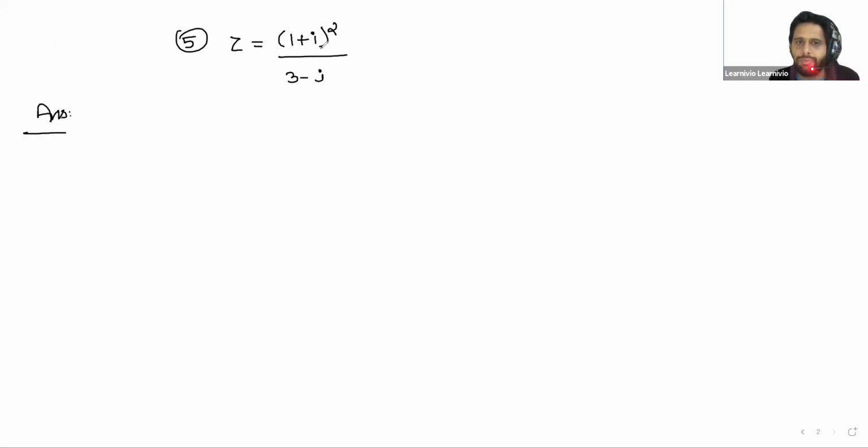You just need to open this bracket in the numerator and then again use the same method. Is there any doubt in this? Yusra, are you facing any doubt?